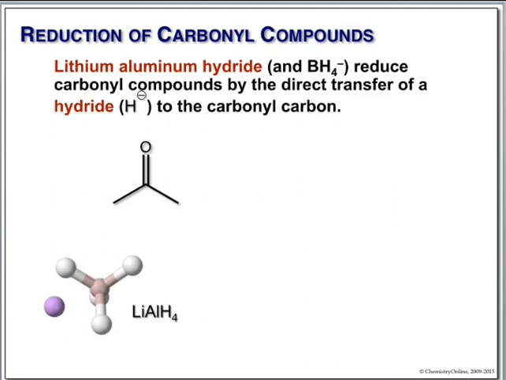The mechanism of a simple lithal reduction. This is a representation of lithium aluminum hydride. Here's our aluminum, and we have 4 hydrogens attached. Basically, what we're going to do is to just donate H- directly to the electrophilic carbon here. There's our H-.